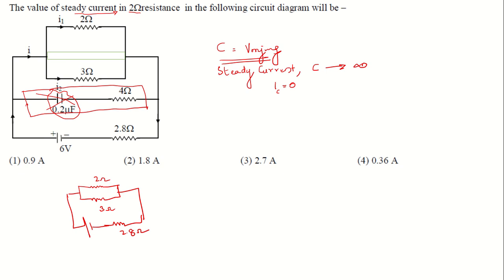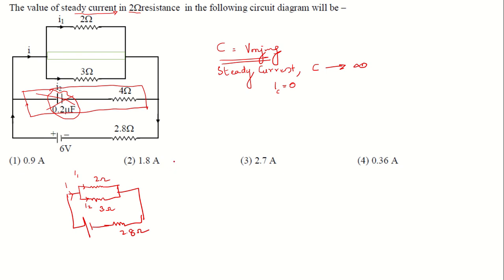So at first, our question is to find the current through this one, labeled as I1. Our aim is to find I1. To find that, at first we can find the total current I flowing through it. To do that we can reduce this circuit.